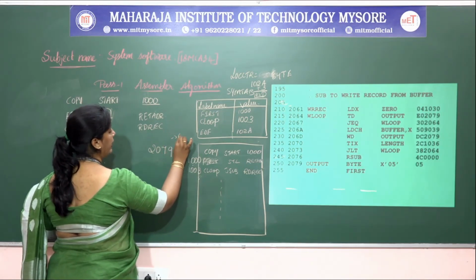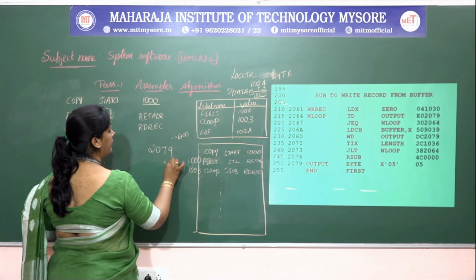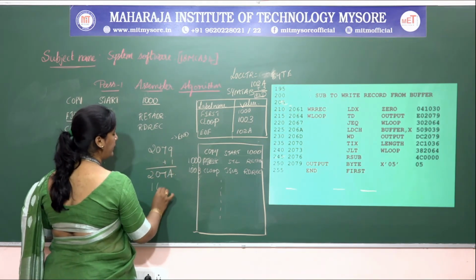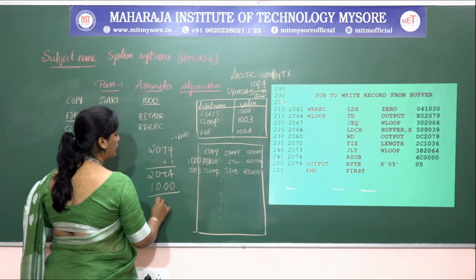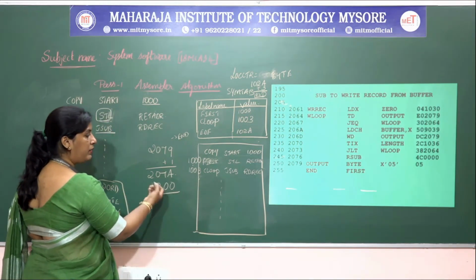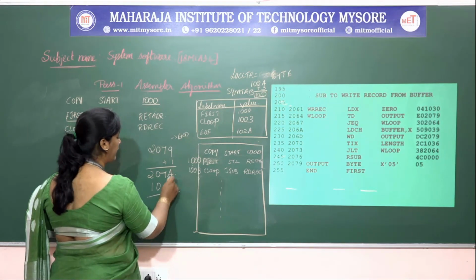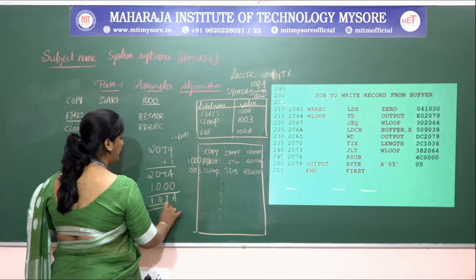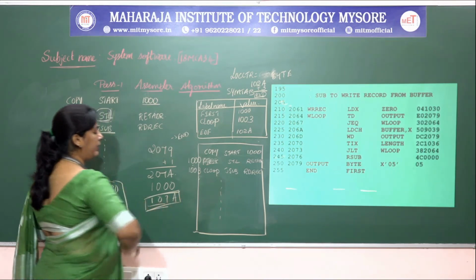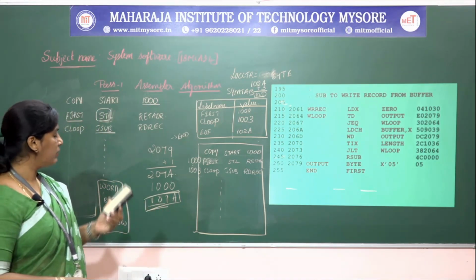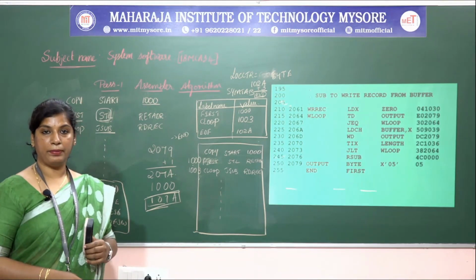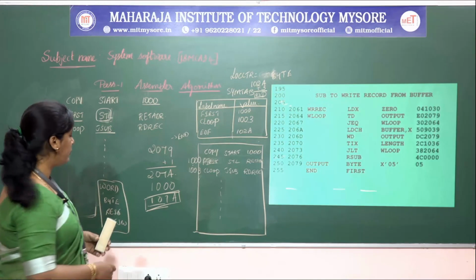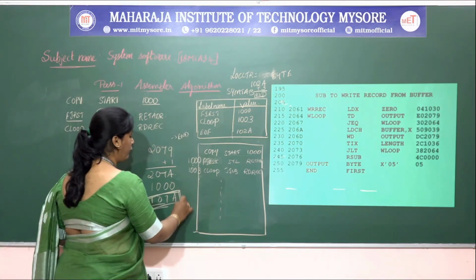When it encounters the END, 1 will be added, so that is 207A. What will be the starting address? 1000. To get the object program length, we subtract the starting address from the last address. Then we get the actual length of that program, which is 1078.